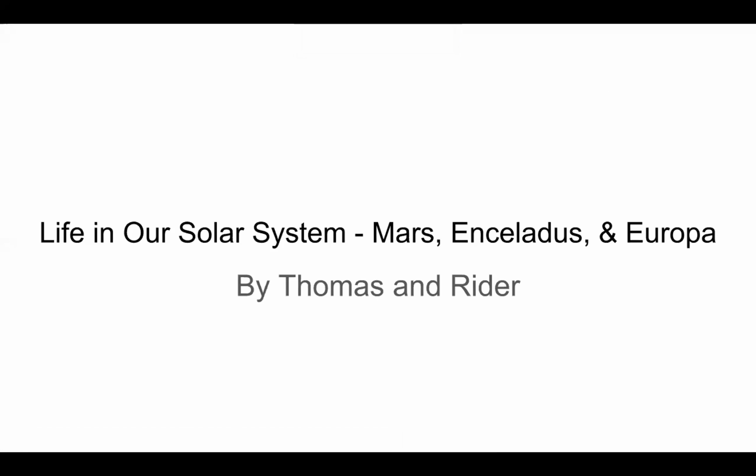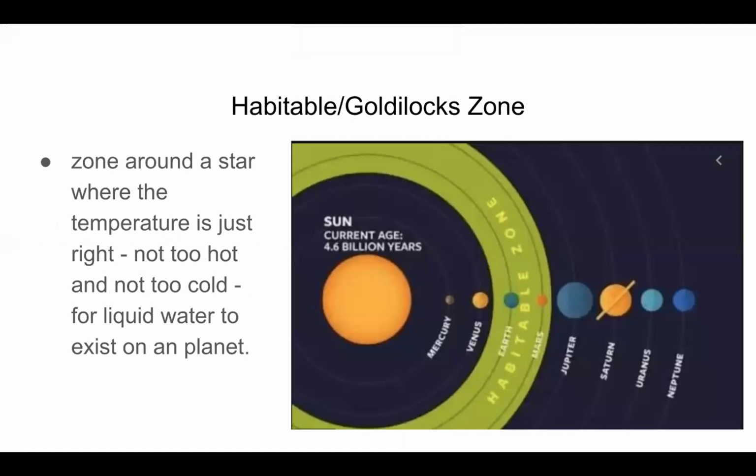All right. Life in Our Solar System: Mars, Enceladus, and Europa by Thomas and Ryder. Starting off, I'm going to talk about the habitable zone, also called the Goldilocks zone.